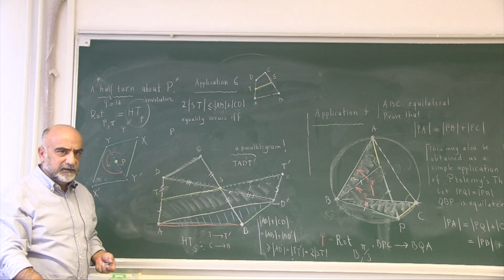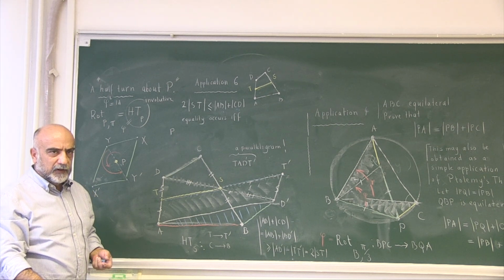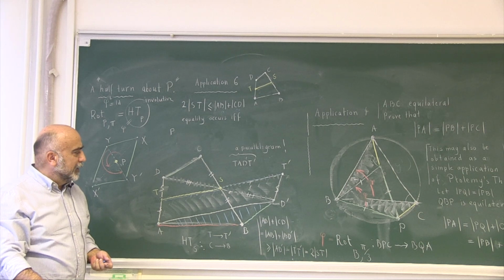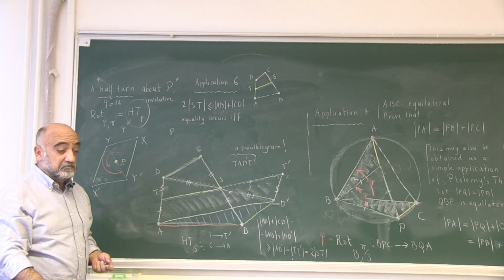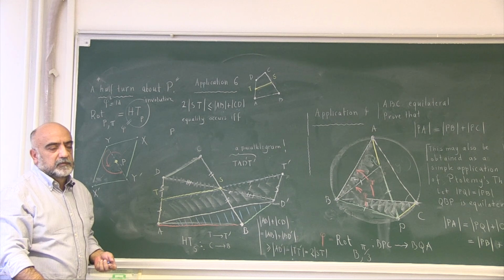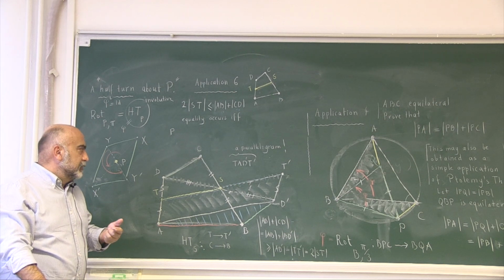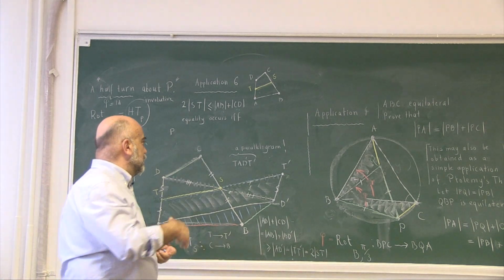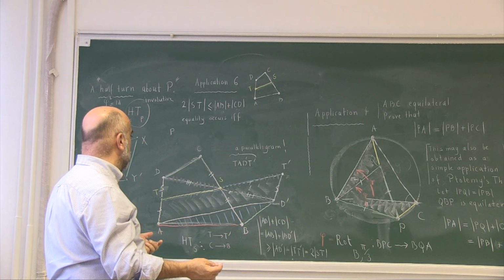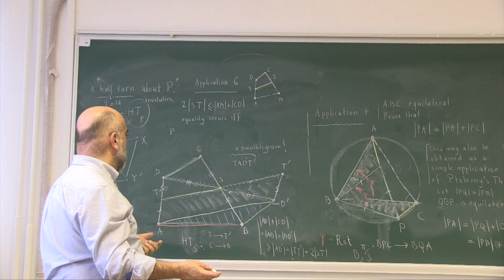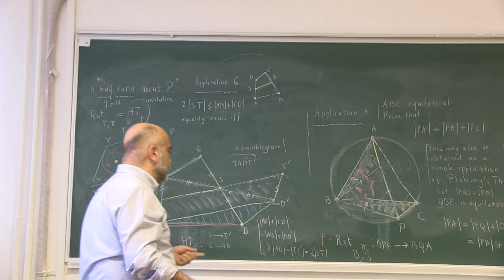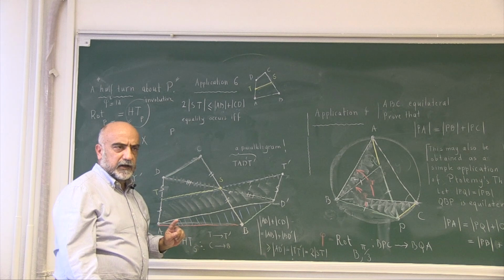But that's a beautiful interplay of standard tricks of elementary geometry seen as the effect of half turns, and so on and so forth. Okay, so that's rather nice, and I have obtained the inequality.